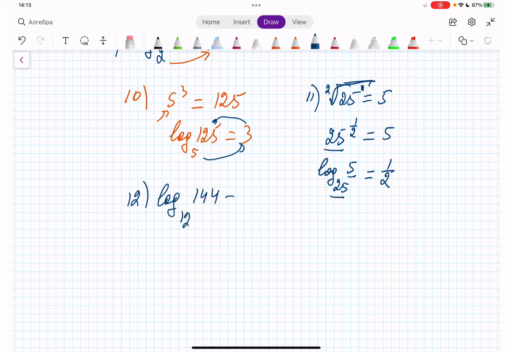That means we need to raise 12 to what power to get 144? Well, I know for a long while that 12 squared is equal 144. So which means it's going to be 2, right? Okay, let's write it down.